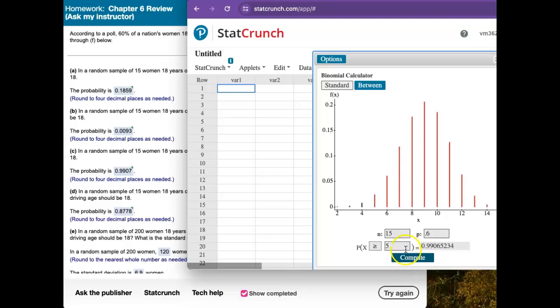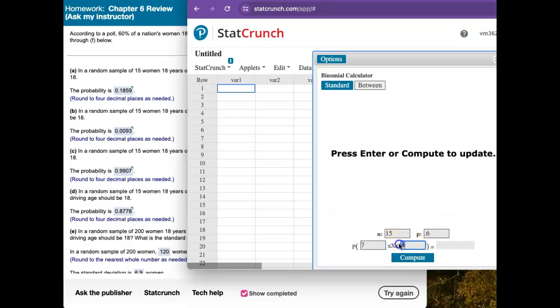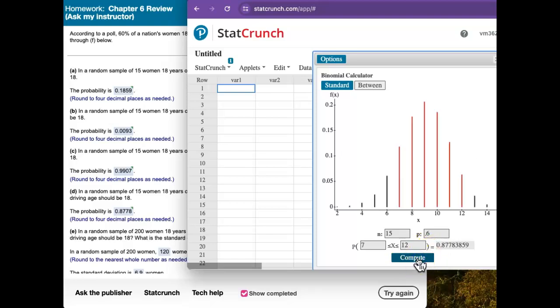And then the last one was a between statement, so we click between up here at the top, still have the same number of trials, 15, probability of success is still 0.6, but now we're looking at 7 to 12 inclusive. And hit compute, and that final answer is 0.8778.